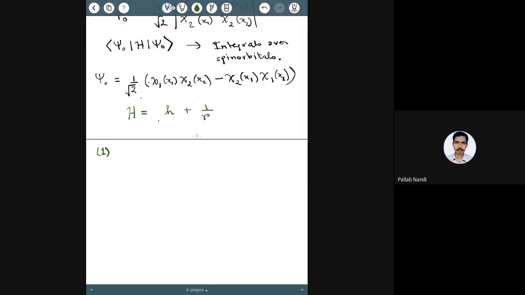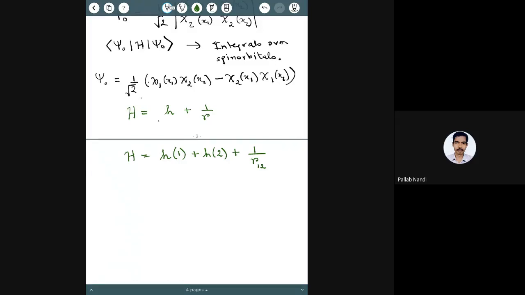If I write it very simply, for the two-electron system, the Hamiltonian can be explicitly written as the one-electron part for electron 1, the one-electron part for electron 2, and the two-electron part, which involves the separation of electron 1 and 2.